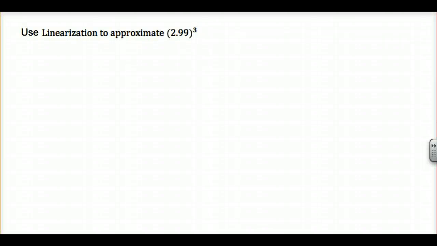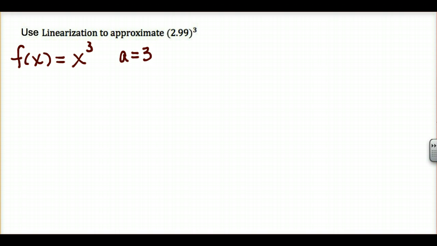Okay, so here is another example. We want to use linearization to approximate 2.99 cubed. So the function we're looking at on this one is f of x equals x cubed. And we know that if we cubed 3, which is close to 2.99, so we're going to let a be 3, then that would be pretty easy. Y would be 27.